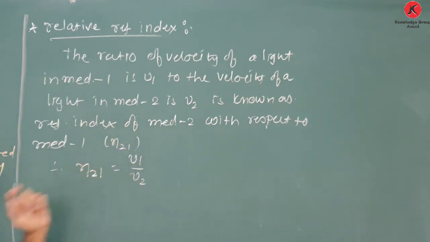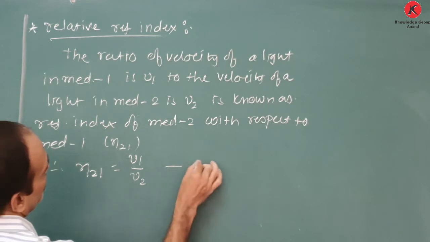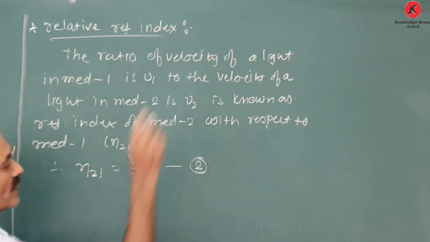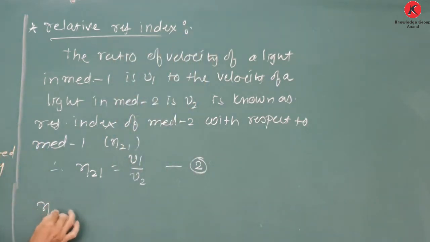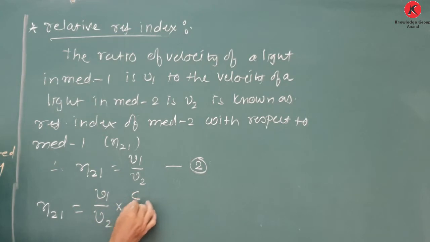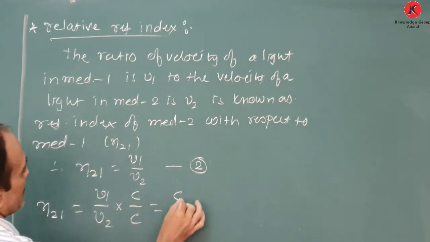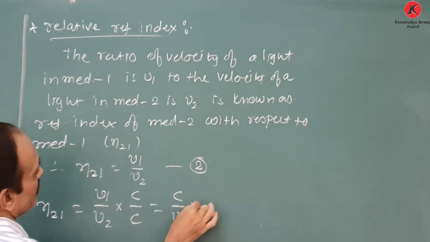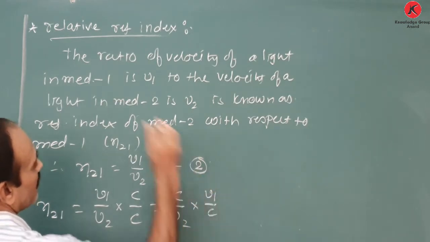So n21 is equal to v1 upon v2, that is equation 2. Now the right hand side of equation 2 is multiplied and divided by c. Therefore, it takes this form: c upon v2 into v1 upon c.